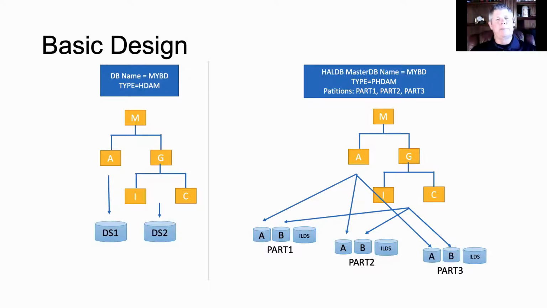To keep the same philosophy, I would have the 2 data sets on each partition, and I would add another data set, which is your ILDS, and then I'd have all of that per partition. So this is the graphic of what it would look like when you move from an HDAM to a PHDAM database.